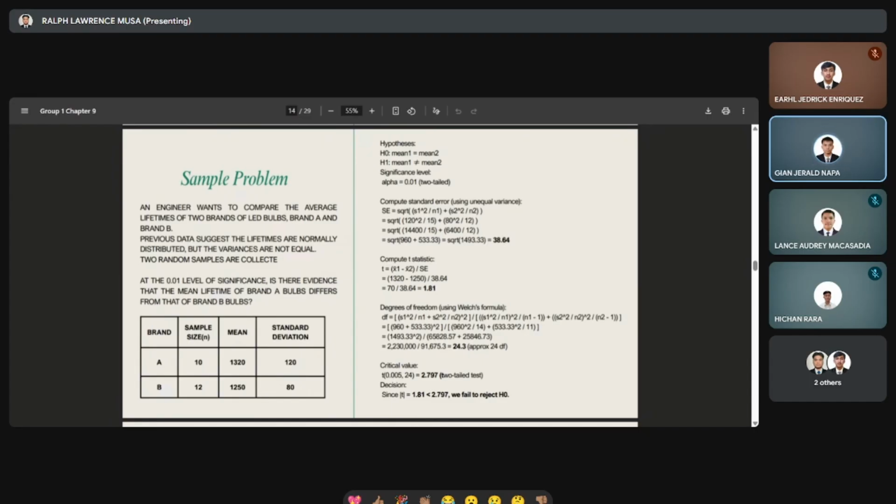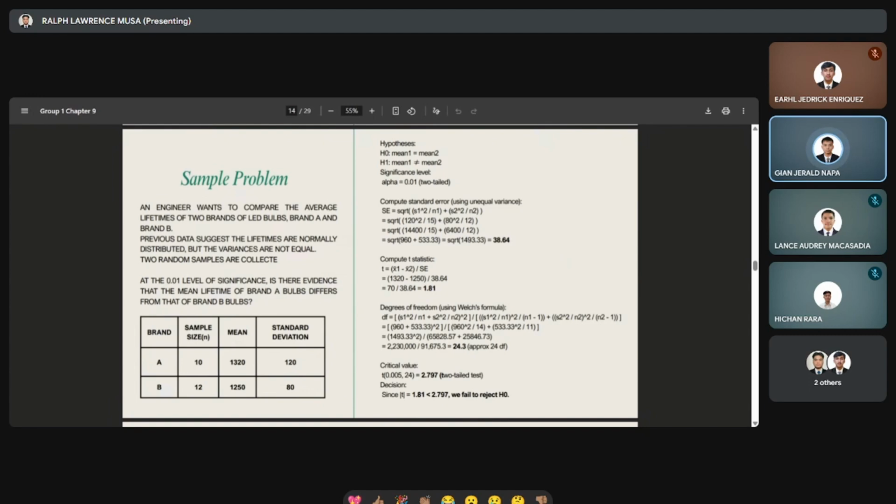Now we will solve for the standard error using unequal variance. SE is equal to the square root of the quantity S sub 1 squared over n sub 1 plus the quantity S sub 2 squared over n sub 2.